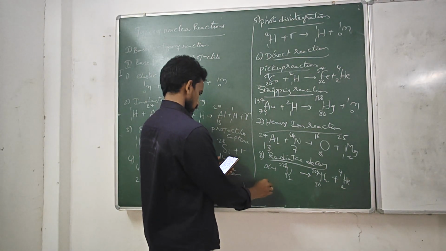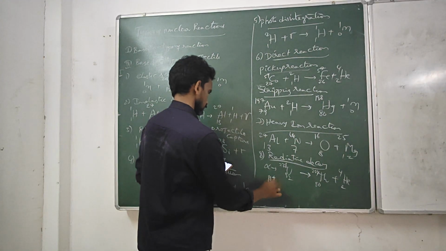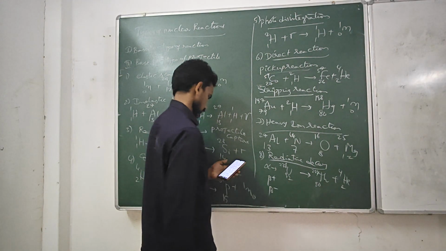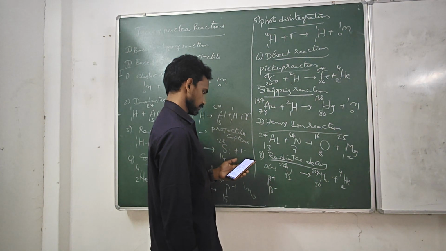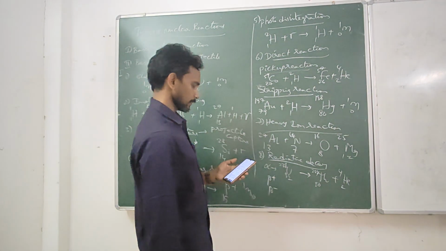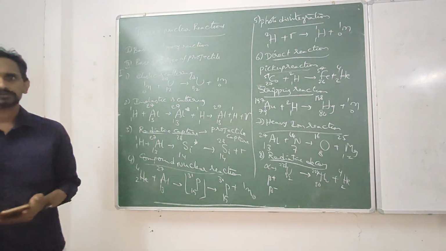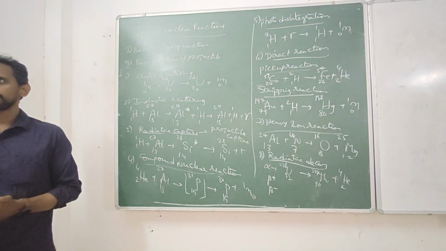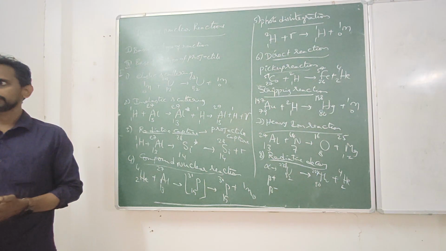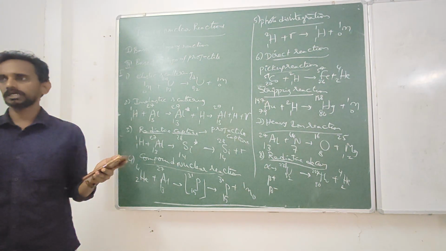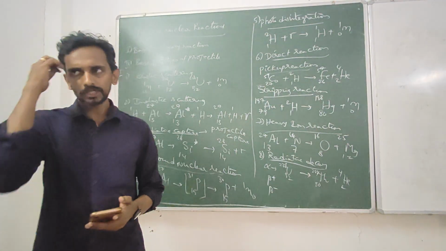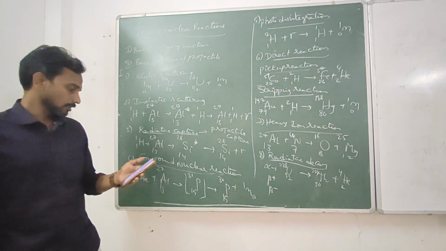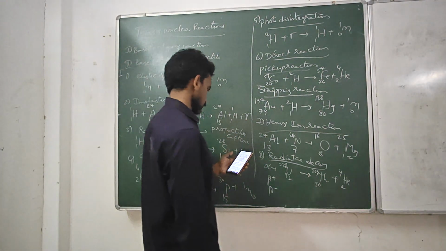Beta decay is of two types, beta plus and beta minus. Beta plus means what? A proton is converting into a neutron. So on the left side and right side you have positive charges. So what happens?